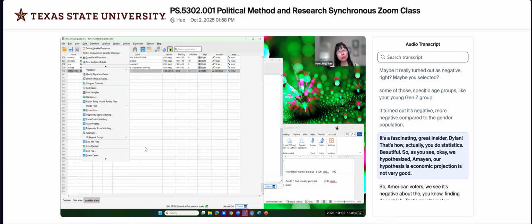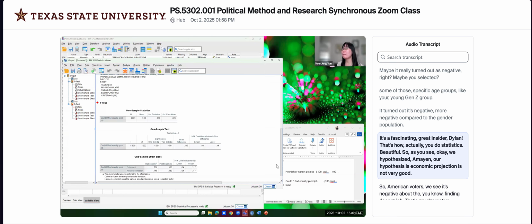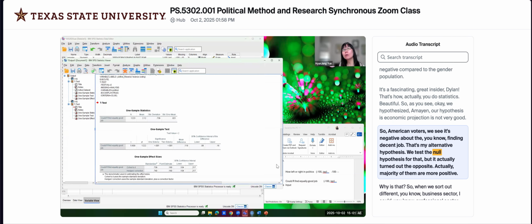That's how you actually do statistics. Beautiful. So as you see, okay, we hypothesized our hypothesis is economic projection is not very good. So American voters, we see they are negative about finding a decent job. That's my alternative hypothesis. We tested the null hypothesis for that, but actually it turned out the opposite.